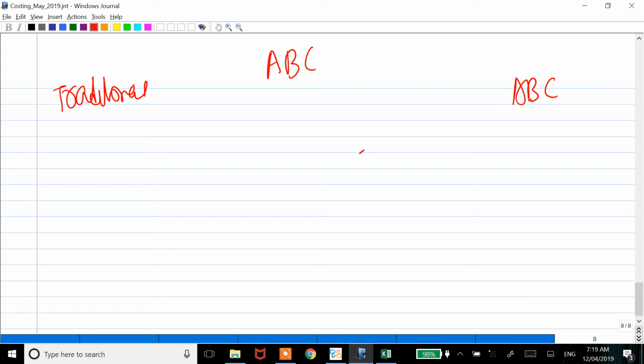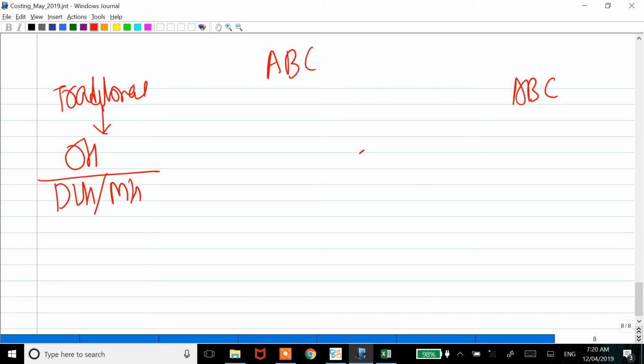In a traditional method, what you do is you add all overheads and divide either by labor hours or machine hours and get to know something called an overhead absorption rate. So the entire overheads is absorbed using a single absorption basis. You could have learned this at IPCC as primary overhead distribution, secondary overhead distribution, get the overhead absorption rate and then calculate the cost of the job.